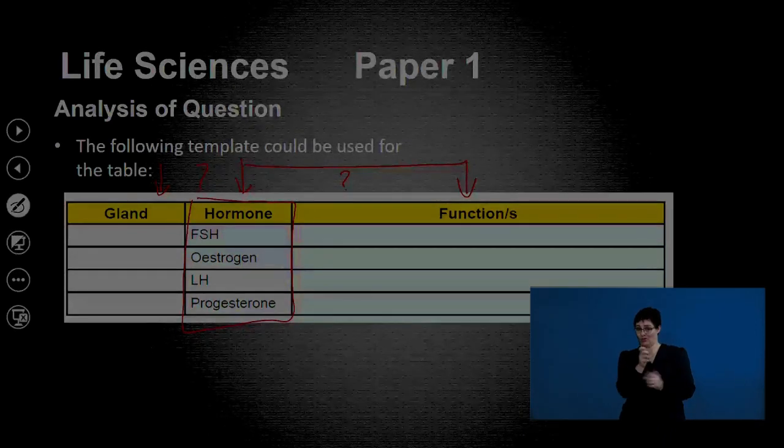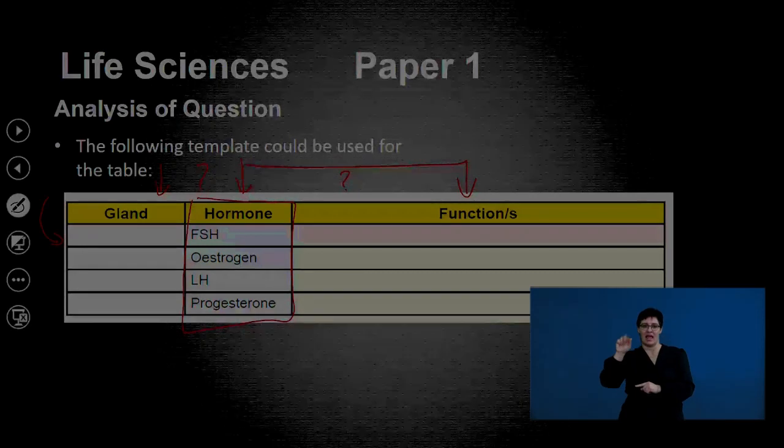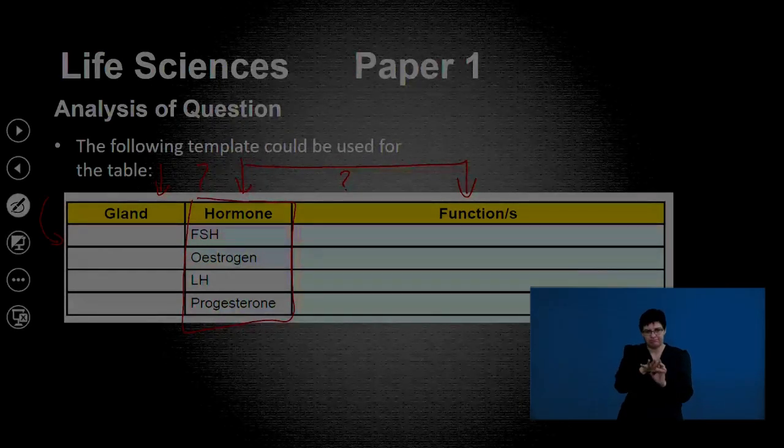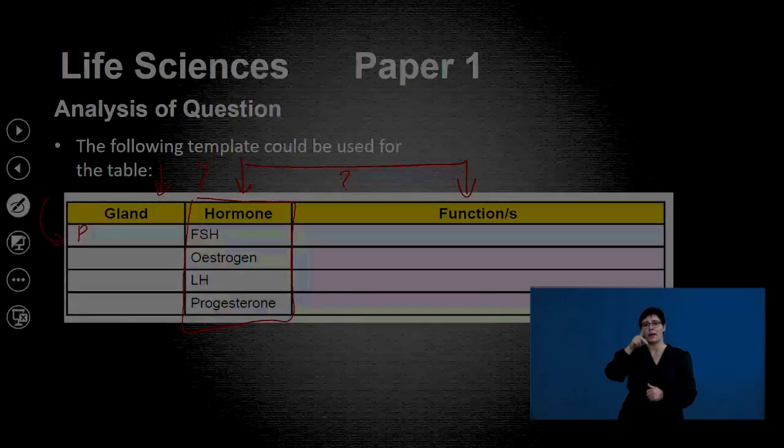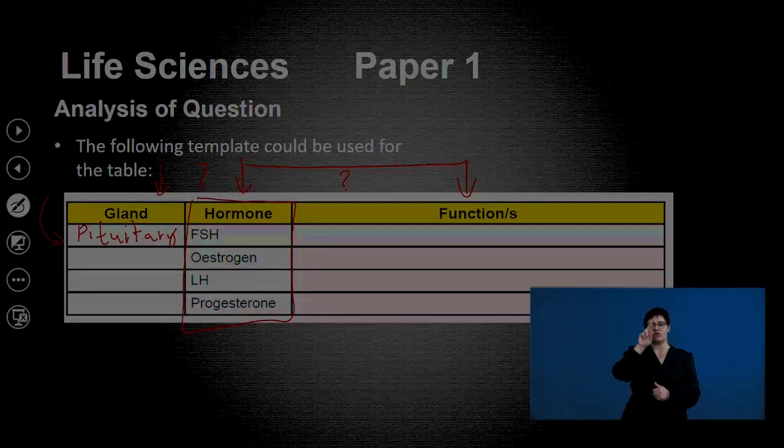Important to this are the glands that they are released from. And we know that there's a significant master gland that we've referred to in the endocrine system, which is called the pituitary gland, and I'm going to write that down here, which is the gland that releases FSH. Okay? We also know that the pituitary gland releases LH as well.